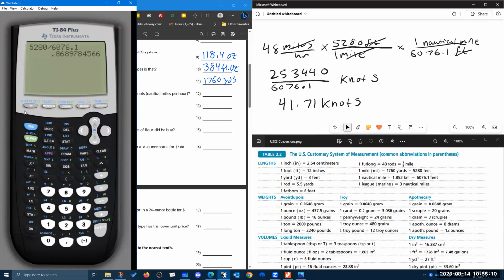Let's go the other way. Okay, and that's what I'm used to seeing, that 1 nautical mile is about 1.15 statute miles.